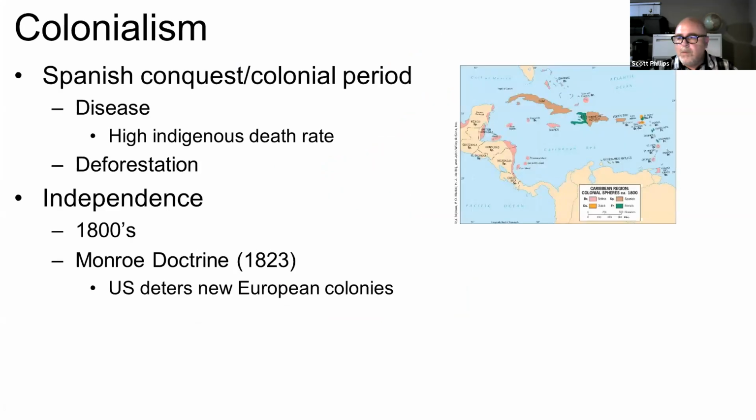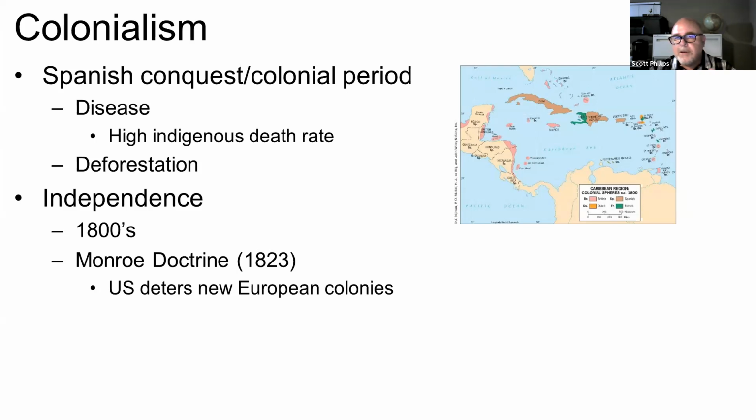And one thing to highlight about the Spanish conquest and colonial period is the massive demographic change in the indigenous populations. It's really hard to capture exactly how much, but in many cases, over 90% of populations in some areas died as a result of conquest.